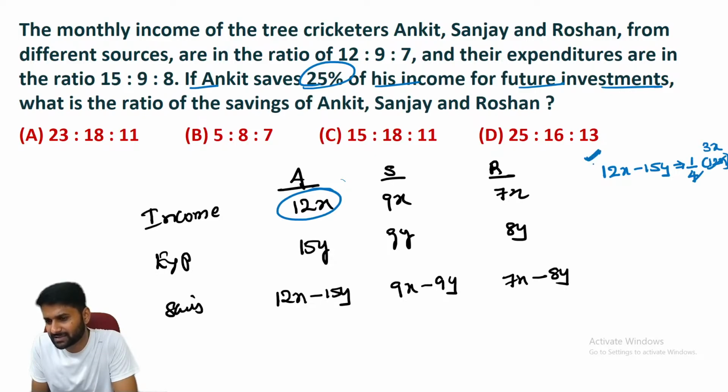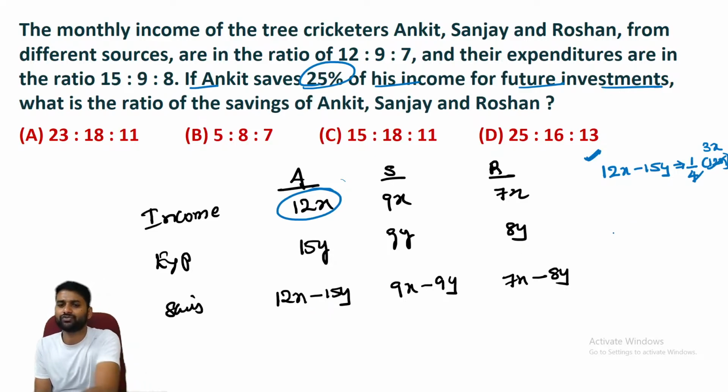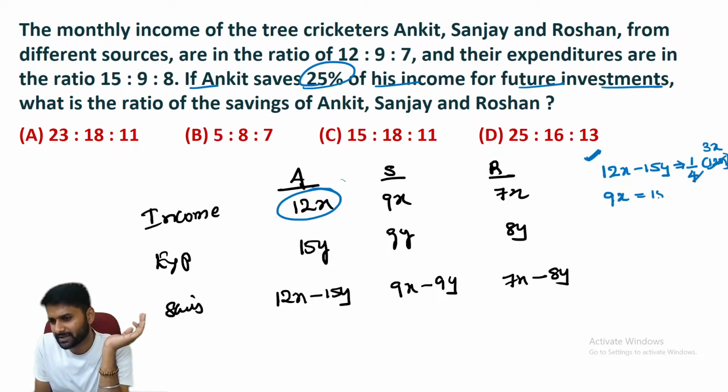Savings is 12x minus 15y, exactly equal to 25% of income. Income is 12x. Now 12x minus 3x is equal to 9x. 9x is equal to 15y. 3 3s are 9, 3 5s are 15. Now you will get x by y is equal to 5.